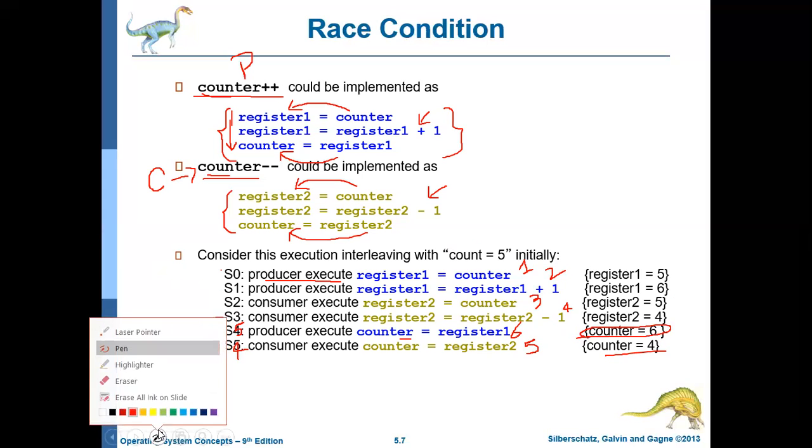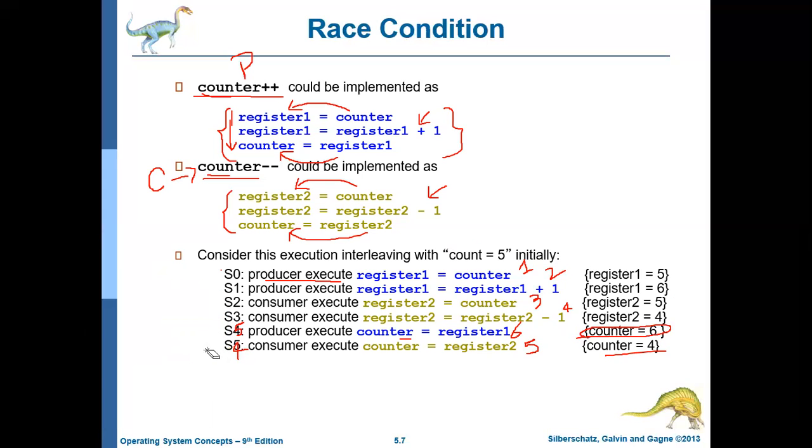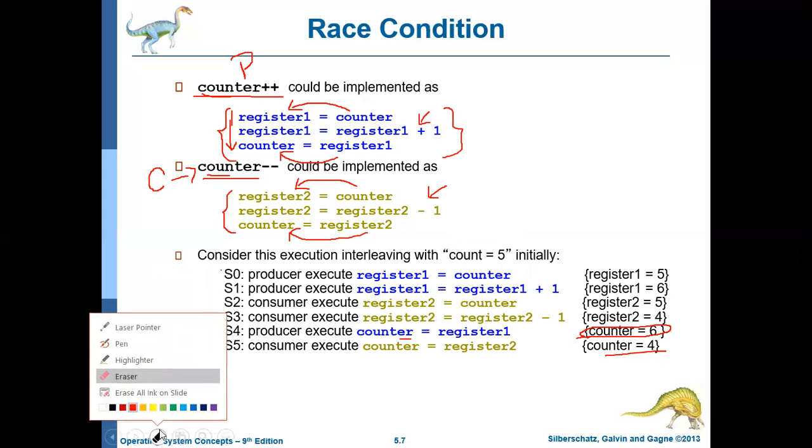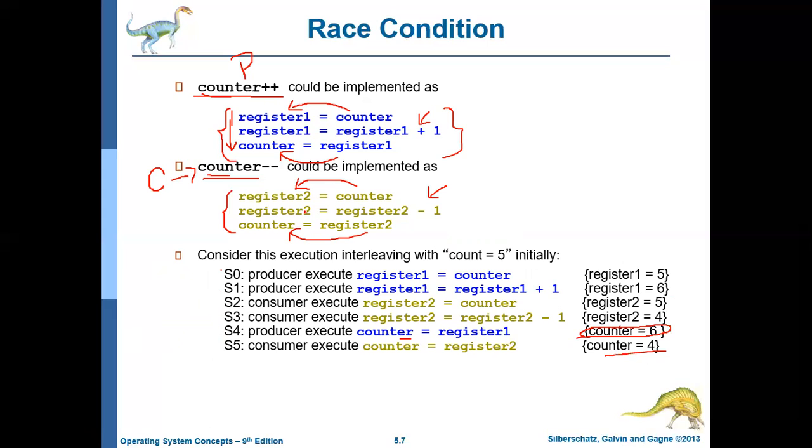So if you allow concurrent execution, this particular statement can produce three results. This is what we have discussed for 4.